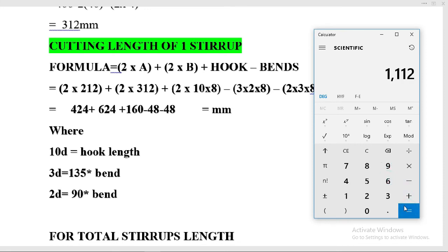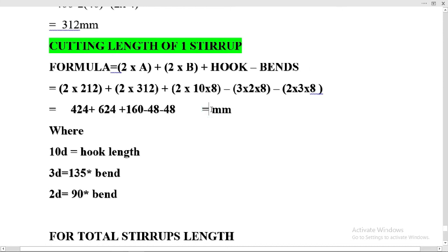So total cutting length for one stirrup we have 1112 millimeter.